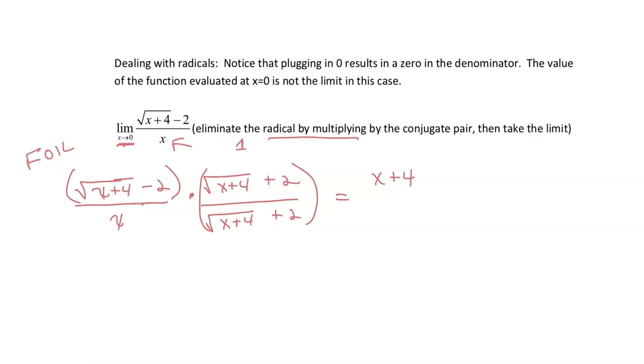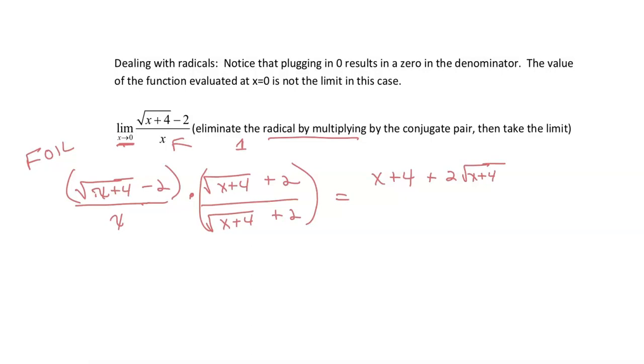Okay, then you're going to do your outer ones, which is radical x plus 4 times 2. So that's going to be, I have this, then I have outer, so I do that, and I get 2 times radical x plus 4.